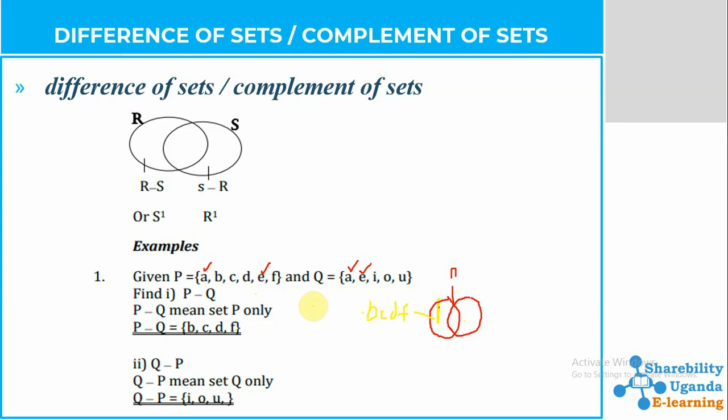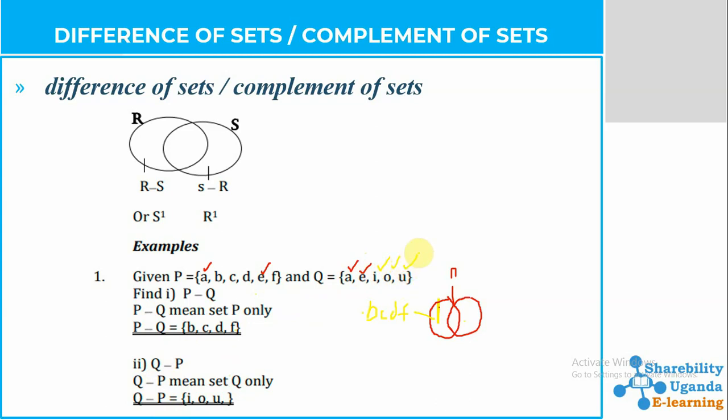Then also when they talk about our Q minus P, they are saying Q minus P simply means Q only. That means if we have identified our members within here, then the members which are common, we leave them out. They are going to be the intersection. Then we take those members which are left.